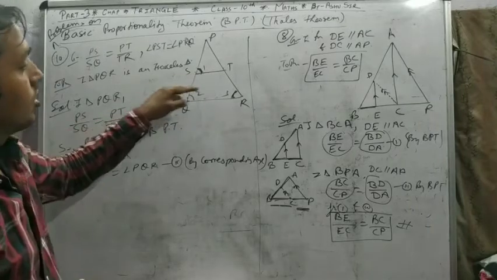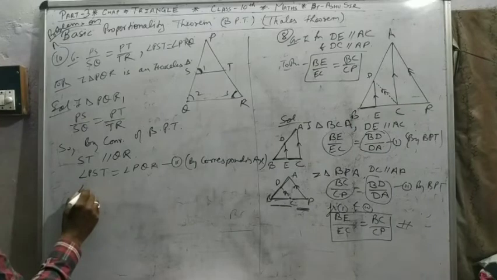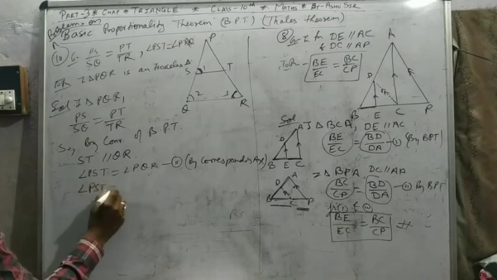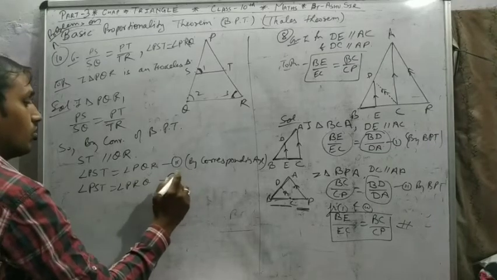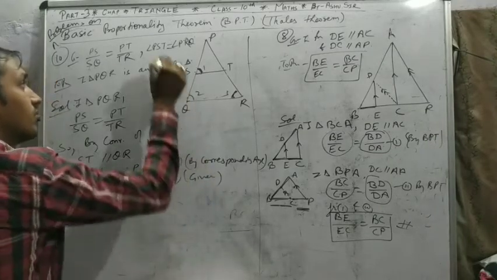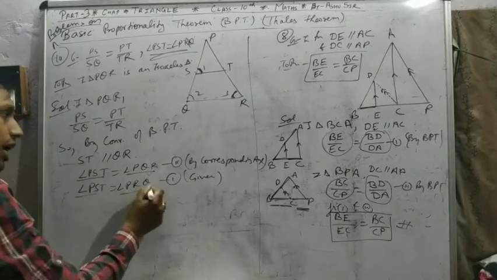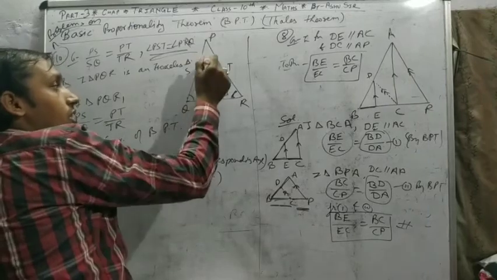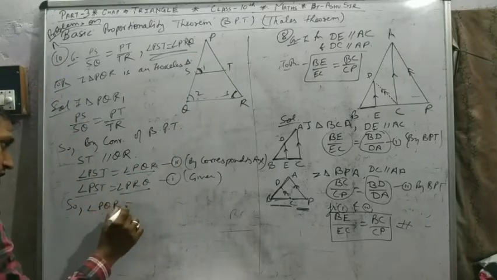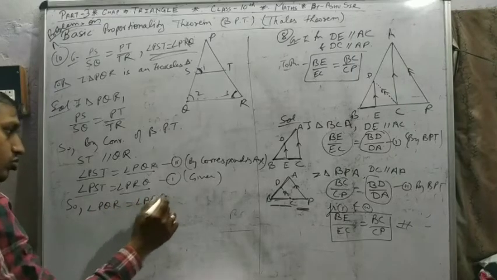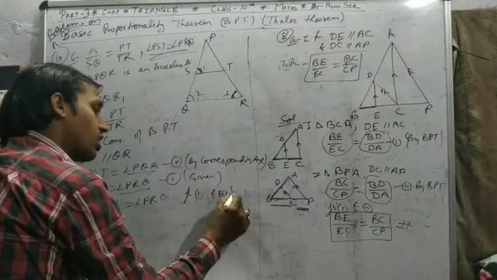Lines parallel, so corresponding angles equal, and angle PST is equal to angle PRQ, given. PST is equal to PQR, PST is equal to PRQ, means this equal to this and this equal to this. So angle PQR is equal to angle PRQ from first and second equation.